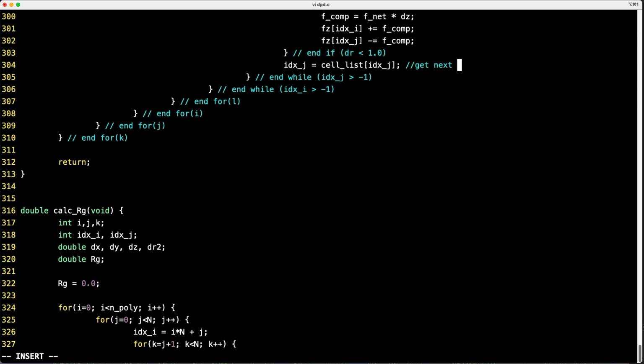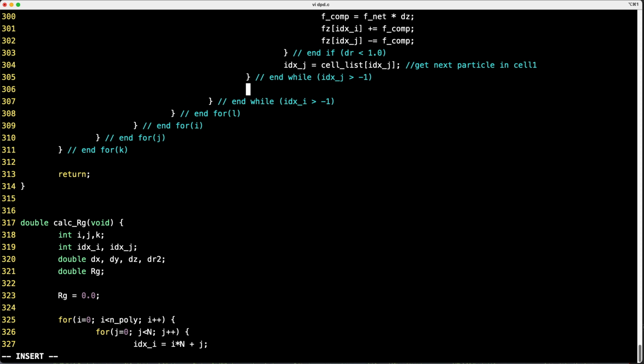So this gets the next particle in cell 1. Okay, and this will keep going until the cell is empty. And when the cell is empty, this value will be -1. And so that will exit us out of this while loop. And so when it does that, we need to go back to the top of the cell. So we need to say index J is going to be cell head of cell 1.